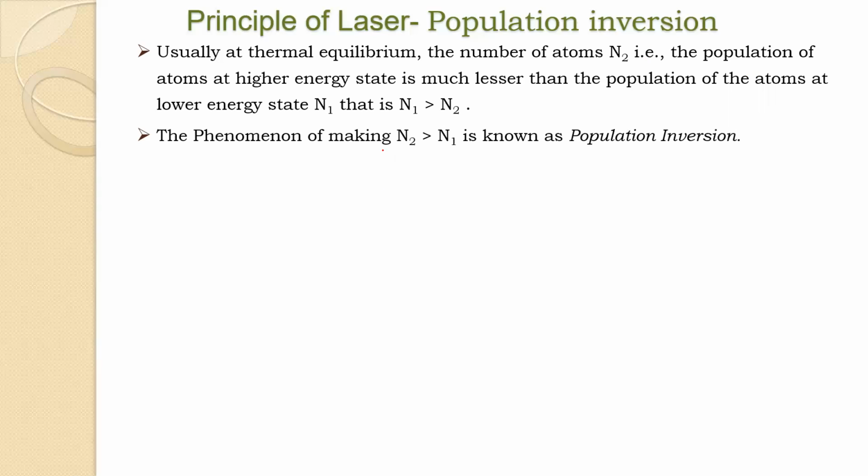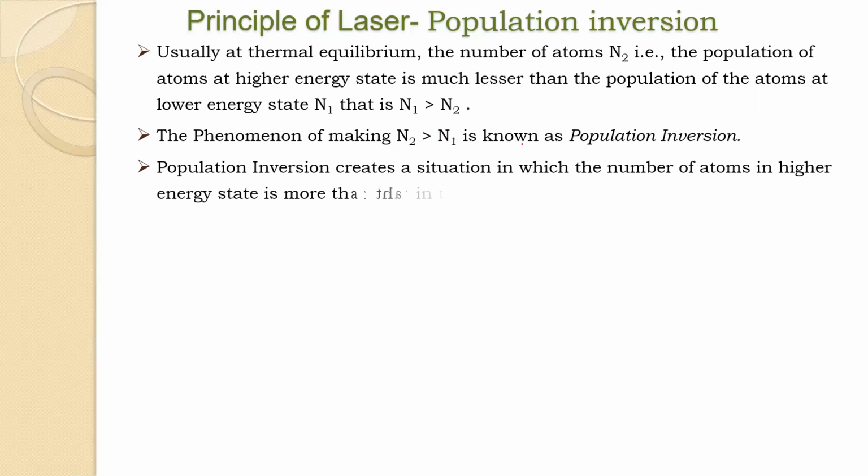And the phenomenon of making N2 greater than N1 is known as population inversion. So population inversion creates a situation in which the number of atoms in the higher energy state is more than in the lower energy state.